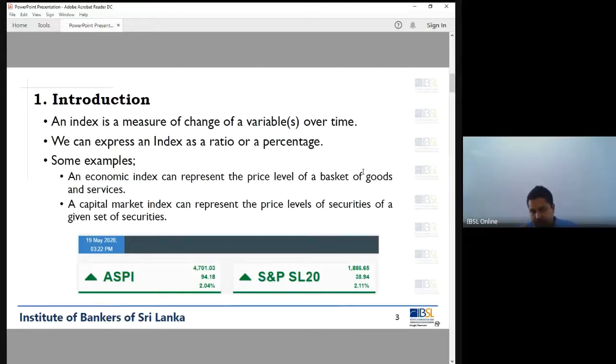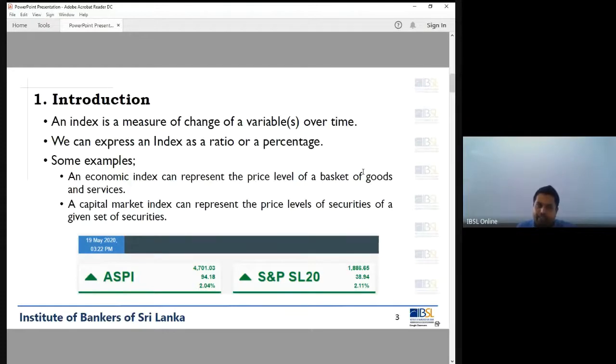The important measure to understand under the indexing is that we are looking at the change of a particular variable over time. So probably we are discussing week on week change, month on month change, yearly change. So where we are looking at the weight or the value of one basket of a certain set of items with the next point. Let's say t plus 1 year, t plus 2 year, what has happened to that. So that's the broader idea of an index.